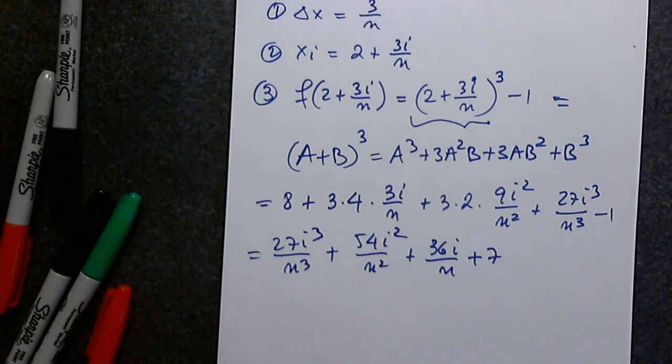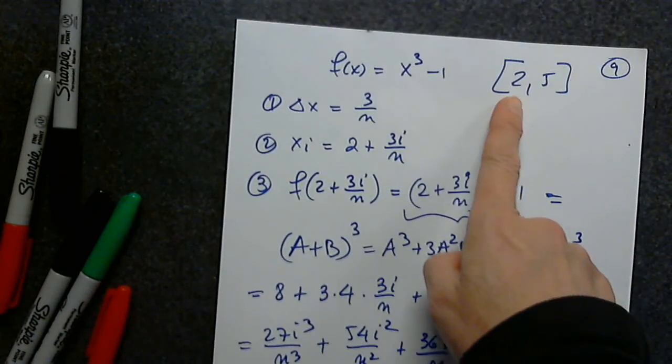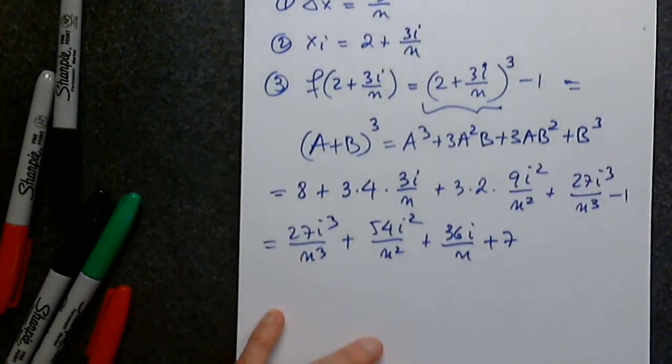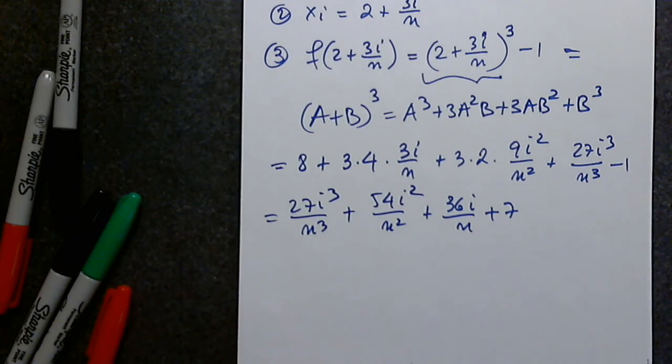So this is your f of xi. So that's the difference when the interval starts for a cubic function anywhere else but at 0. Any questions?